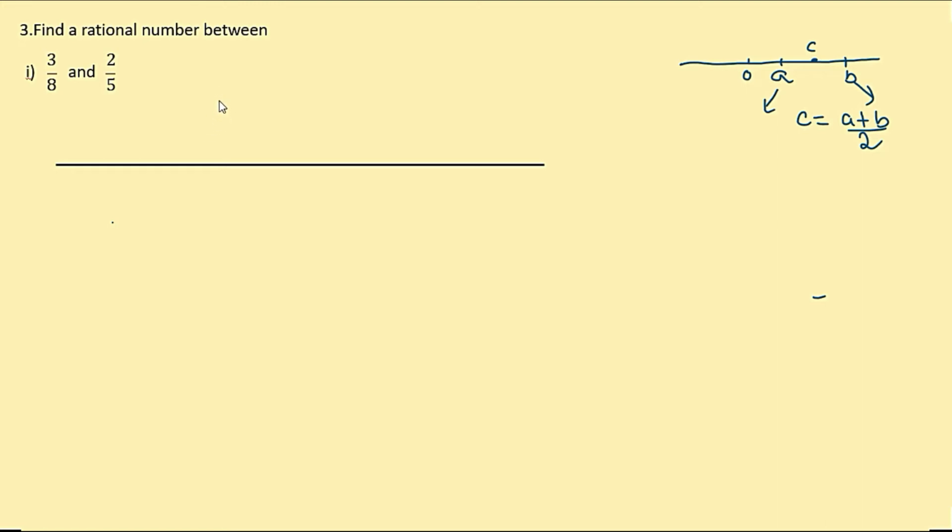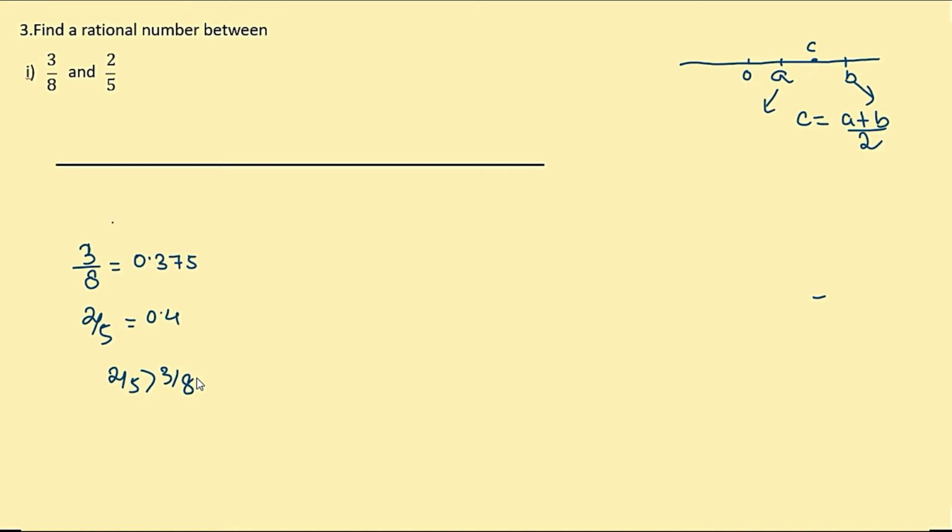So there are two methods of finding out which fraction is greater. One, by converting them into their equivalent decimal. Like 3/8 is 0.375 and 2/5 is 0.4. So obviously 2/5 is greater than 3/8.